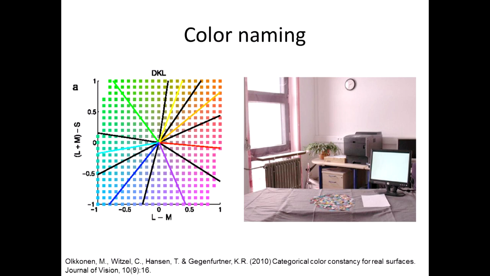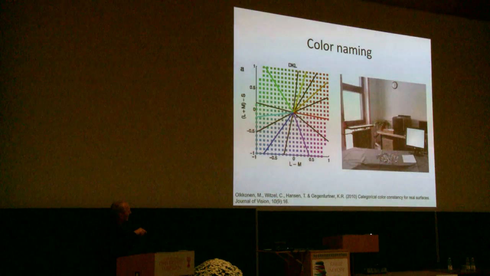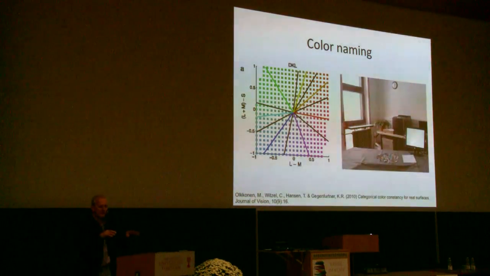The way we measured this was again with a single illuminant, where we put colored filters across the window, and then we gave observers several hundred of these Munsell chips and asked them to sort them into different bins, and they could choose how many different bins they wanted to use.